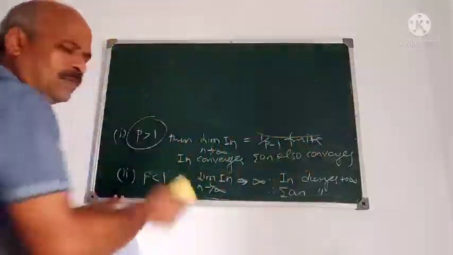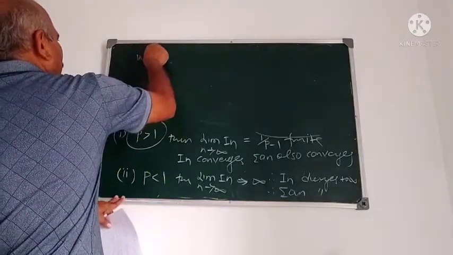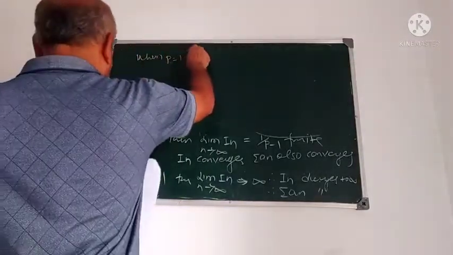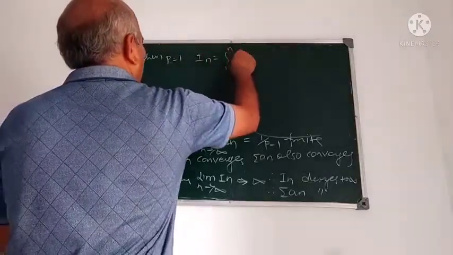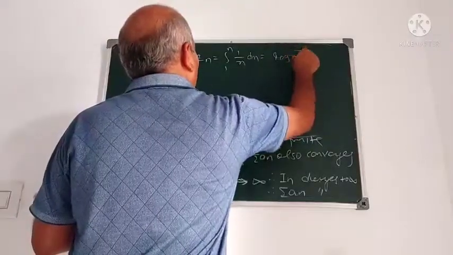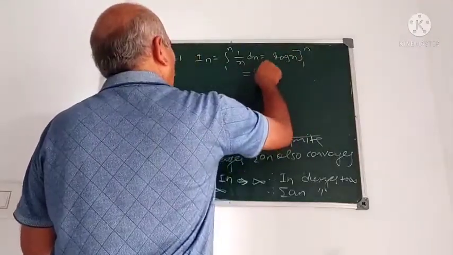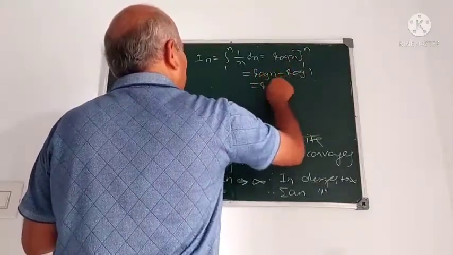Now one case remains: p is equal to 1. When p is equal to 1, I_n is the integral from 1 to n of 1 upon x dx. It is log x from 1 to n, so log n minus log 1. But log 1 is 0, so it is log n.